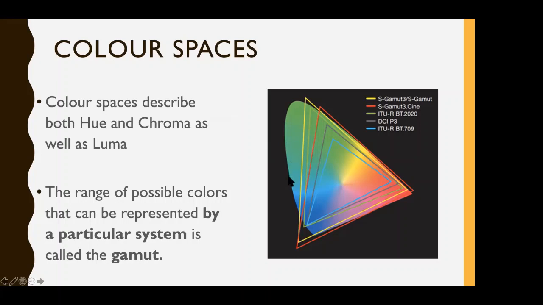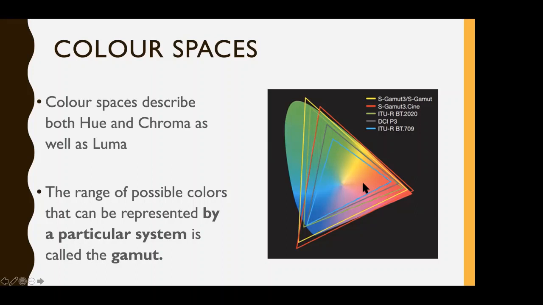Just to reinforce the fact that the range of colors that can be represented by a particular system is called the gamut. The color space is the region of the triangle. The monitor's ability to display that region is its gamut.